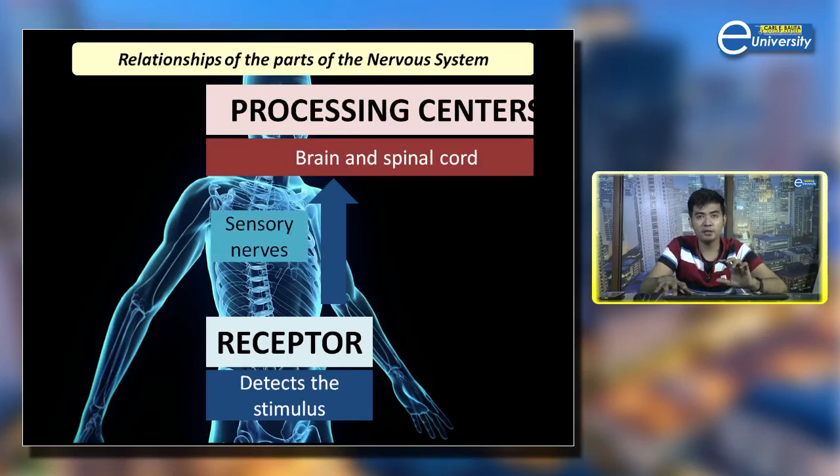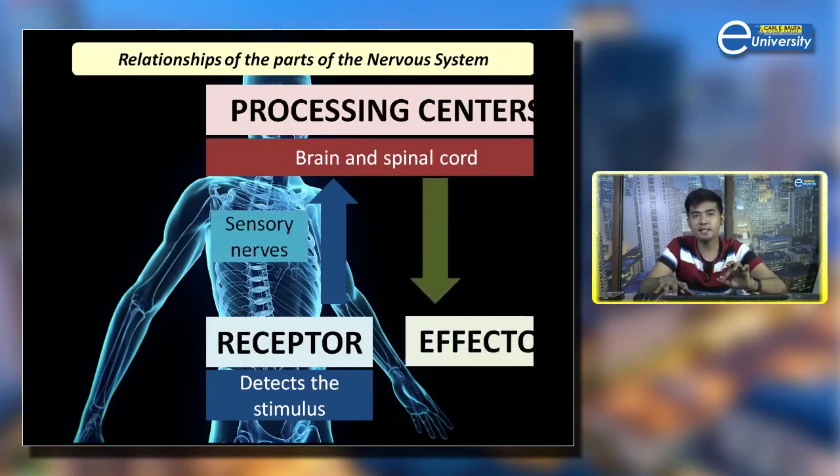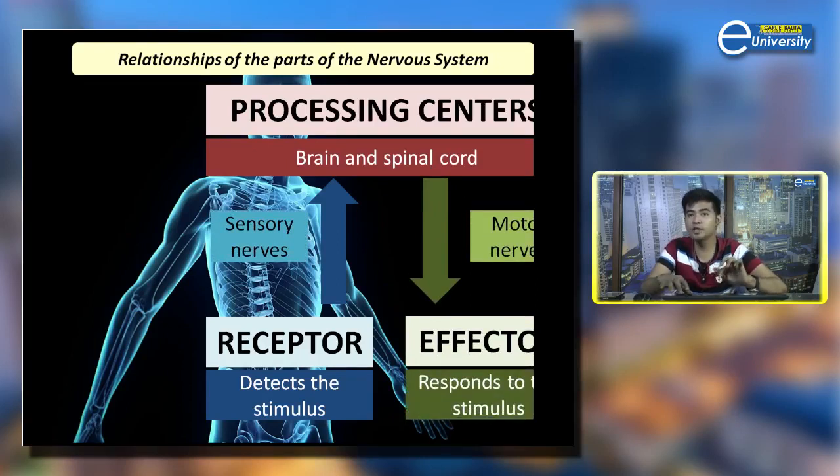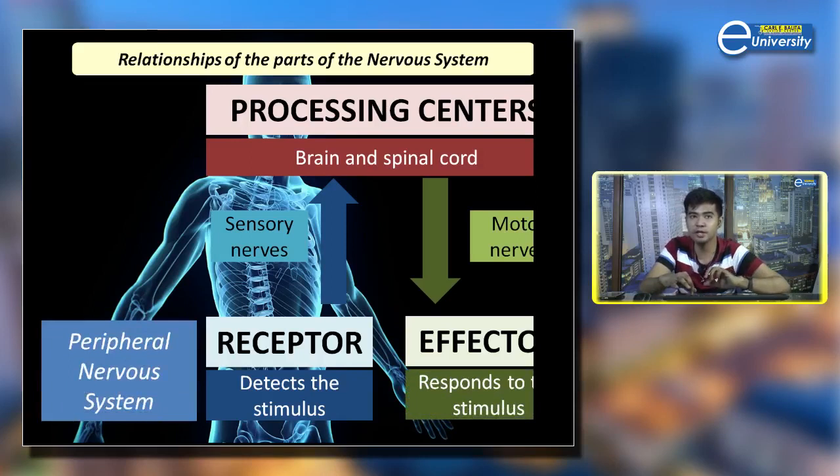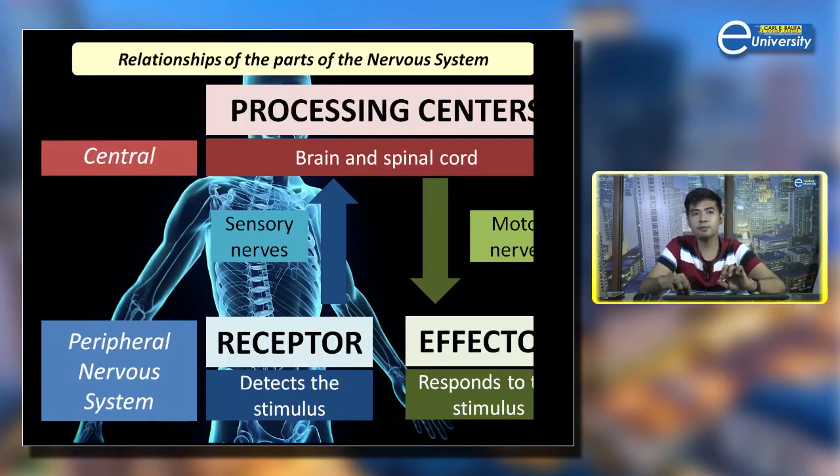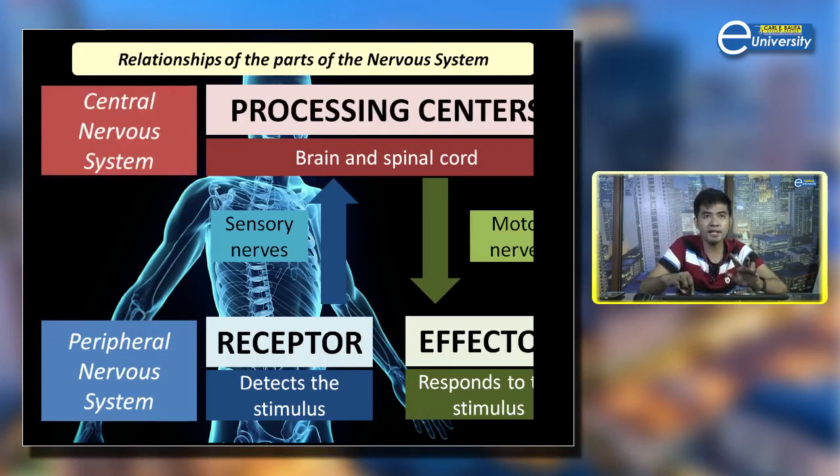And then, with the help of the sensory nerves, the spinal cord releases the effector. With the help of motor nerves, effectors will now respond to the stimulus. The effector and the receptor are the nerves which are part of the peripheral nervous system, while the central nervous system includes the central processing unit, which is the brain and the spinal cord.